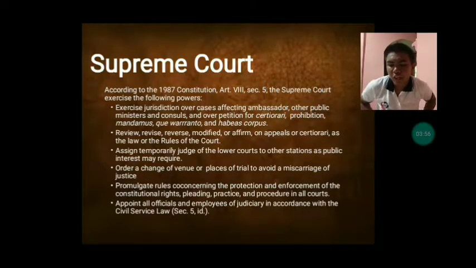Sixth, appoint officials and employees of the judiciary in accordance with the Civil Service Law.